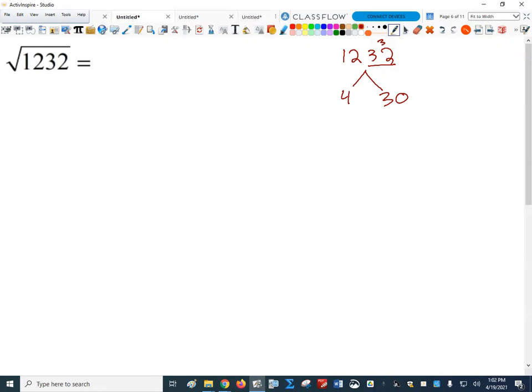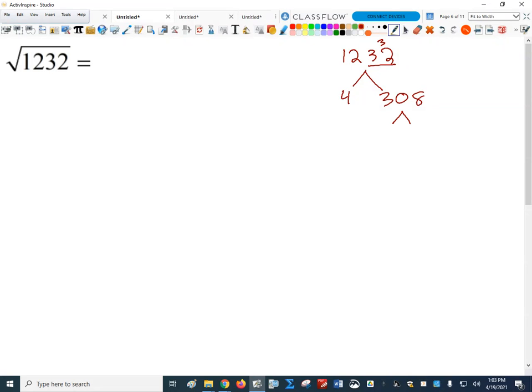Doesn't go into 3, so we're going to carry the 3. 4 goes into 32 how many times? Okay, so it breaks into 4 and 308. What about 308? Does 4 go into 308? It does, doesn't it?